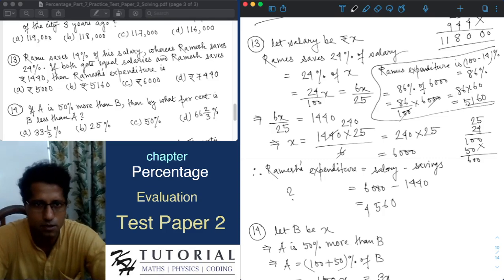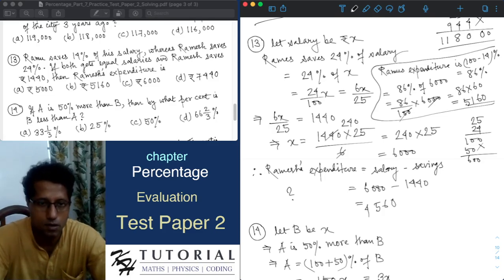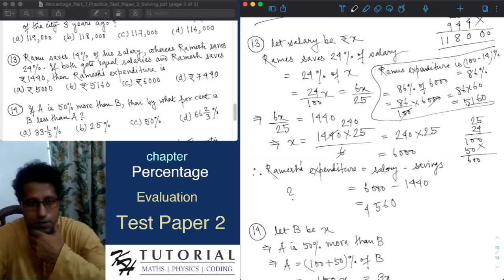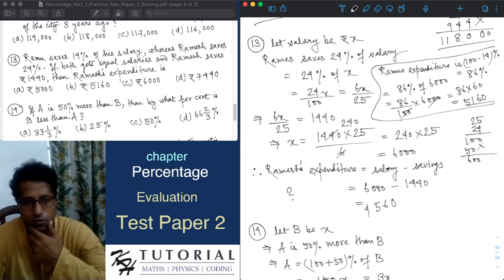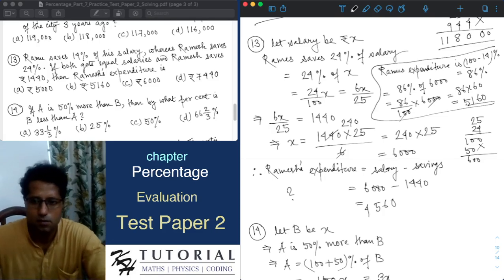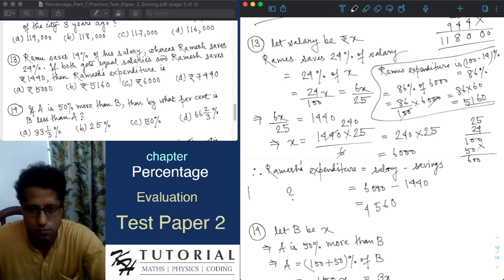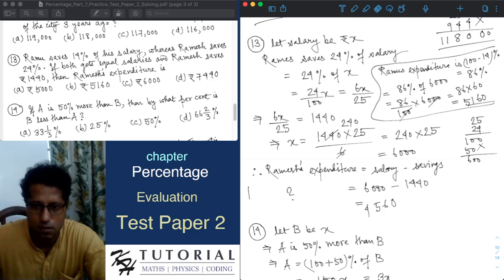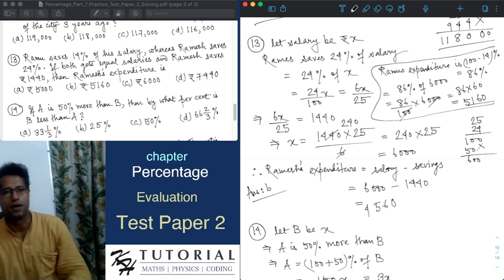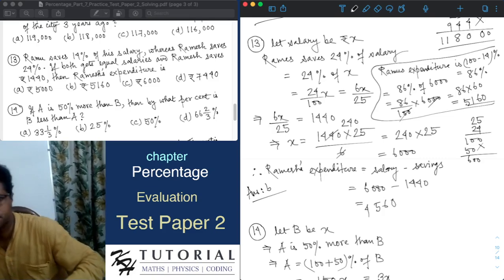Ramu's expenditure is turning out to be 5160. So the answer will be choice B, but the question should ask Ramu's expenditure. Okay, this is sorted out. I might have copied the question incorrectly. So the answer is choice B definitely.